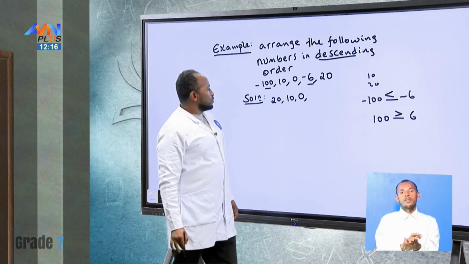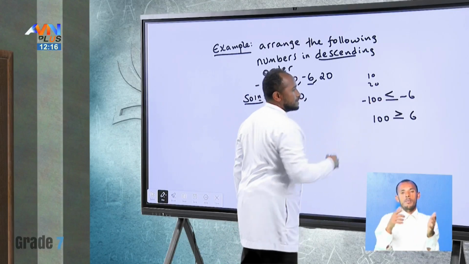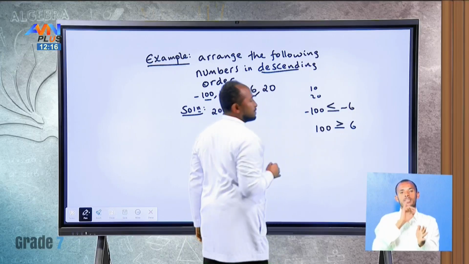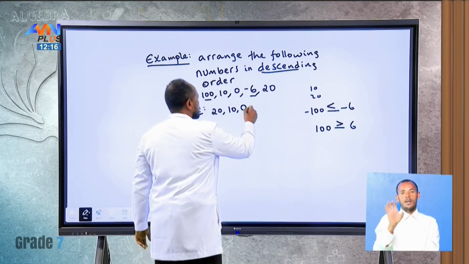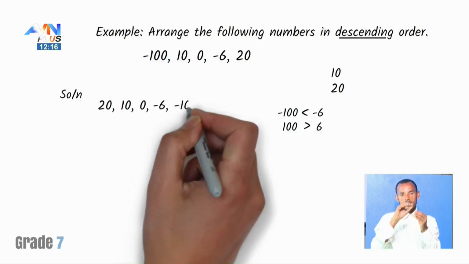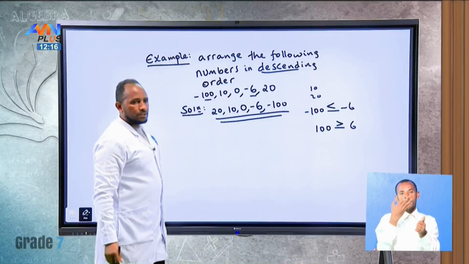Therefore, which of these two is bigger, minus 100 or minus 6? Very nice. Negative 6 is bigger than negative 100. Therefore, the bigger number is minus 6. The next number is negative 100.